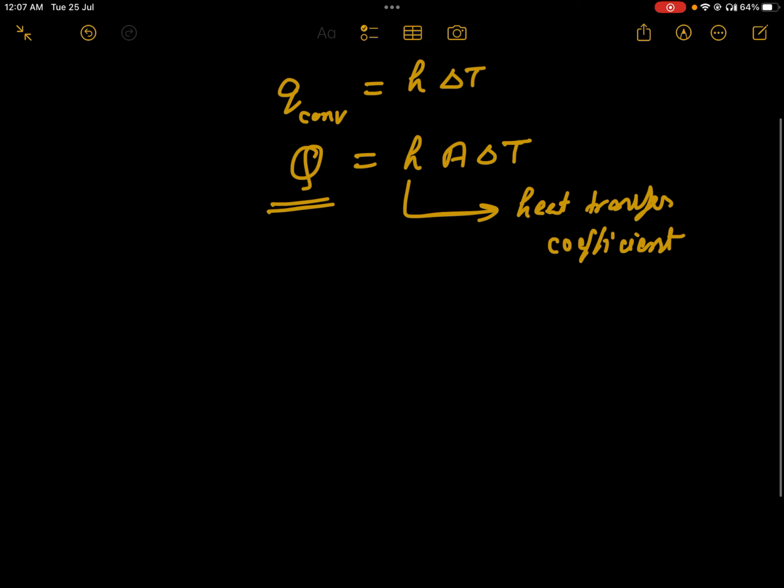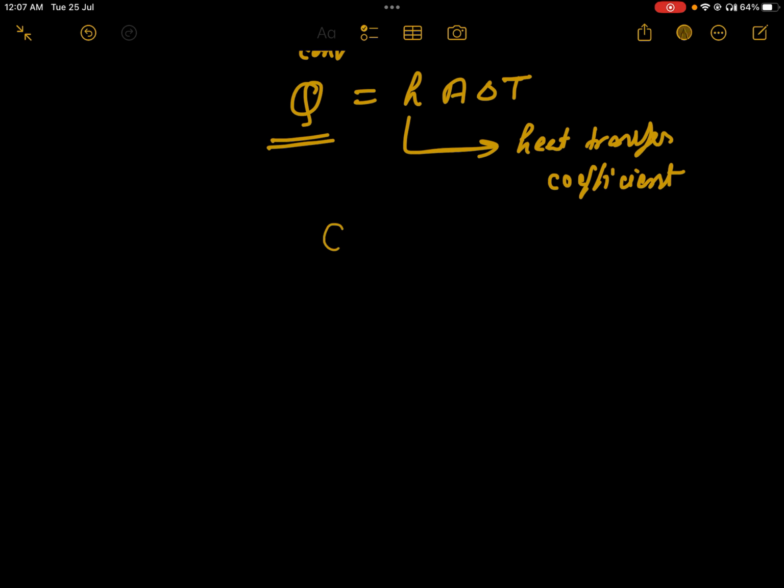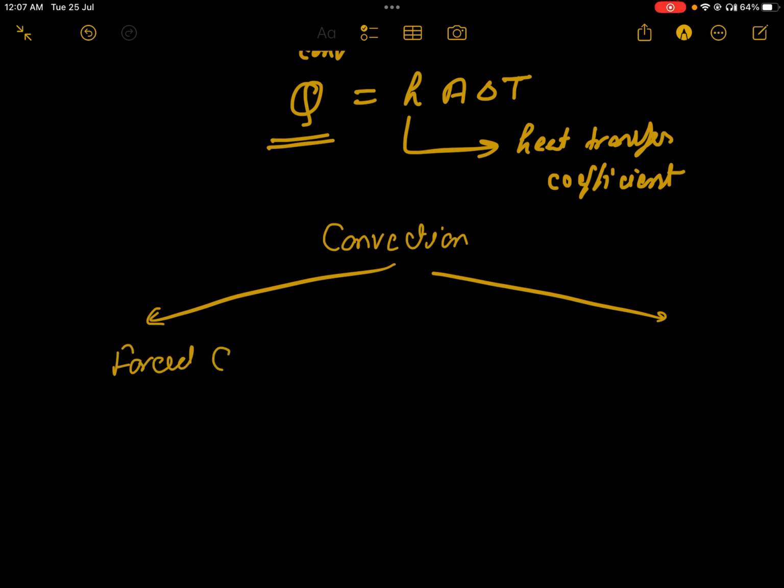Okay. So, if I talk about convection, there are two types of convection. First is forced convection heat transfer, and second is natural or free convection heat transfer. Fine.